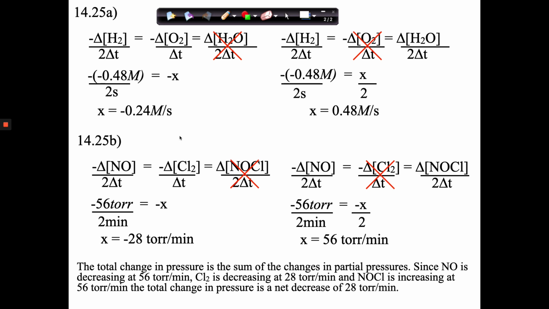Oh, you know what, Clara? That's interesting. Would the 56 for as a negative then be the negative and then you do negative. I don't think so, because the rate that they give you is scalar and not vector. It simply says it says 56 torr per minute.